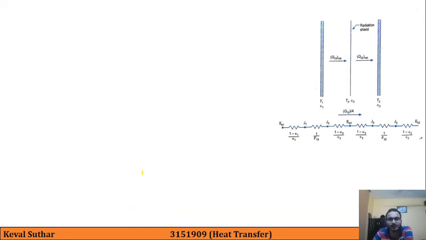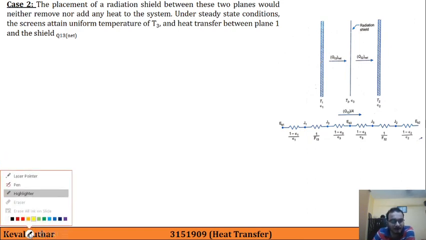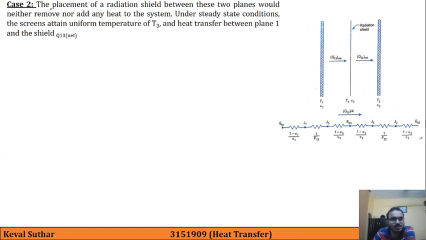Now we are having case number 2, that is the placement of a radiation shield between the two planes, which would neither remove nor add any heat to the system. Under the steady state conditions, the screens attain uniform temperature T3.